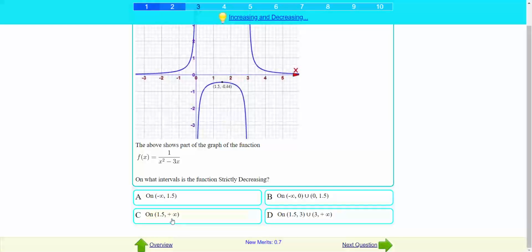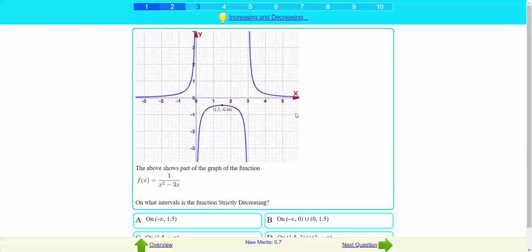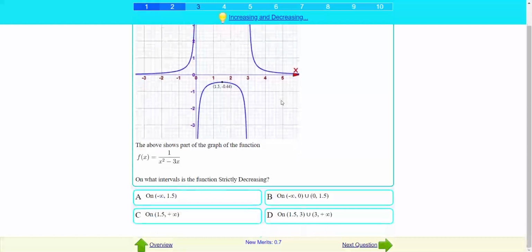It says strictly decreasing. Union. We've got this part here, 3 and 5. Union 3 and infinity. No, no. Strictly decreasing, right?